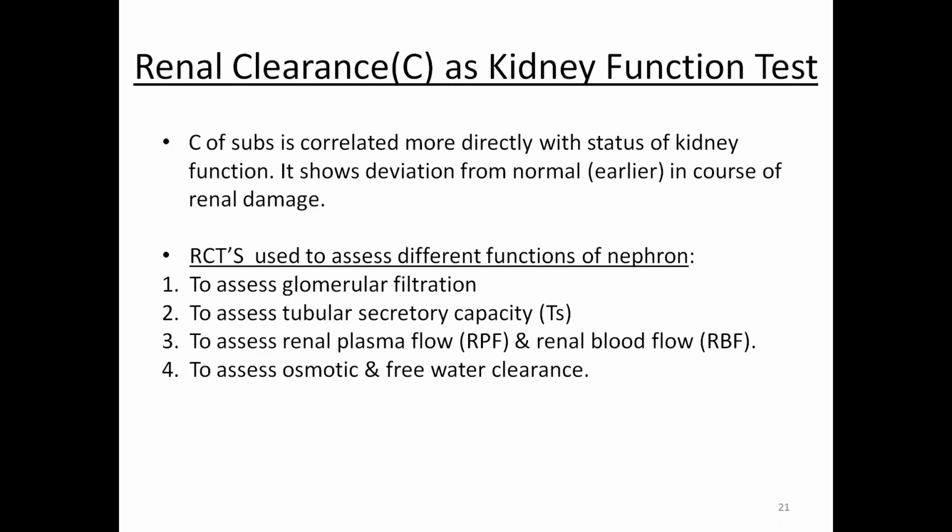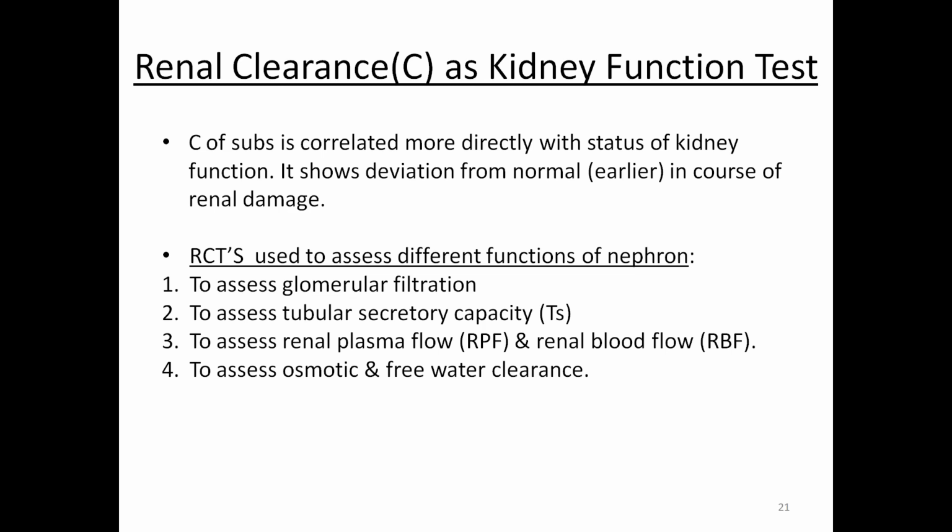Then basically, renal clearance is used as a very useful kidney function test. So the clearance of a substance is correlated more directly with the status of kidney function, and it also shows a deviation from normal or the earlier course in case you are looking at renal damage.